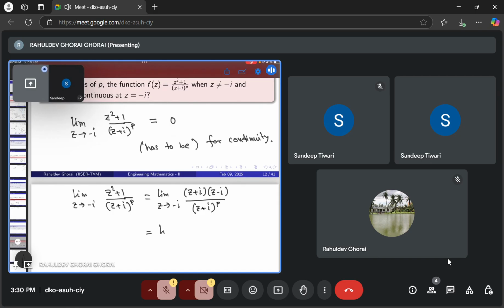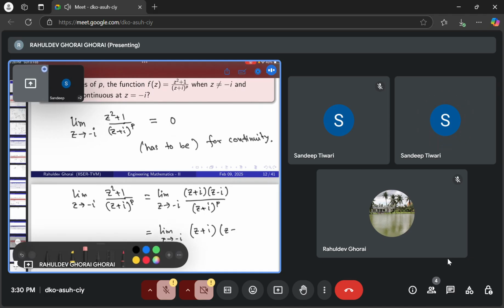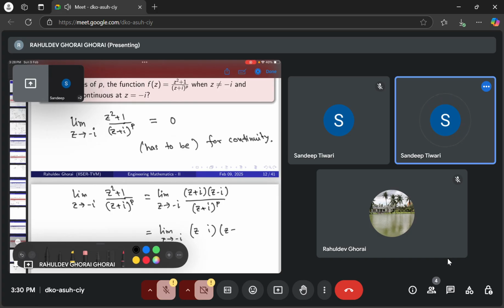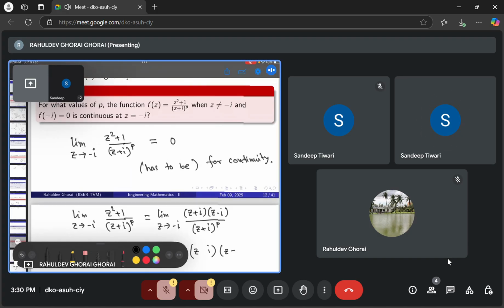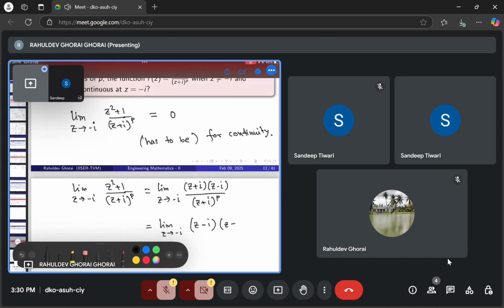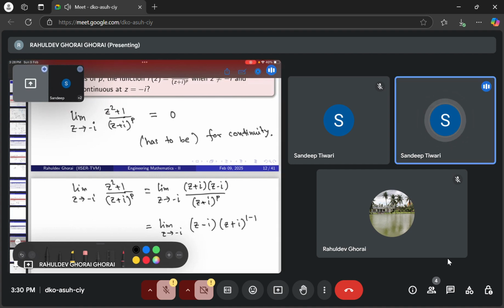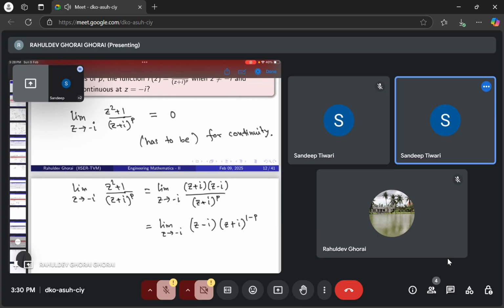That will be equal to the limit as z tends to minus i, but z is not exactly minus i, so one can evaluate (z minus i) times (z plus i) to the power 1 minus p, right?